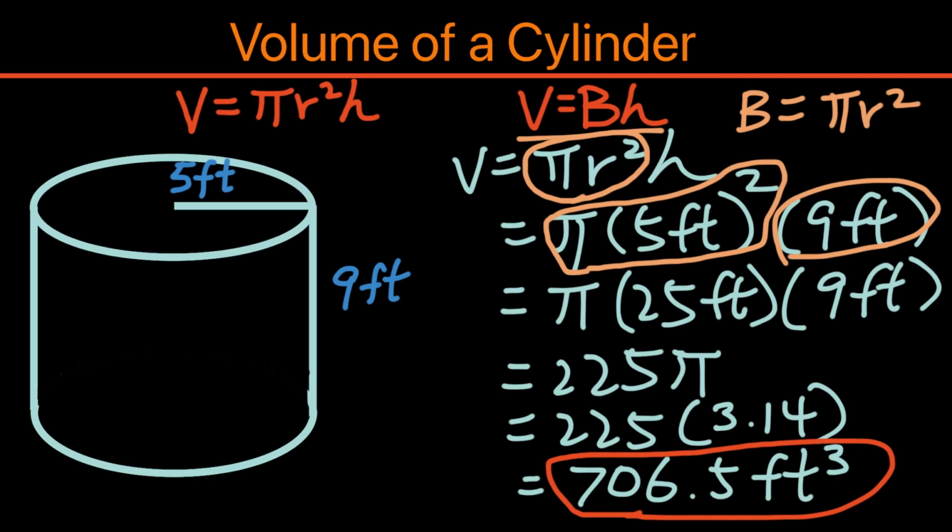So therefore, if you are using the formula of base times height, you will need to memorize pi r squared as the formula for base and solve accordingly. So either formula that you use, it will come out with the same answer, which is 706.5 cubic feet.